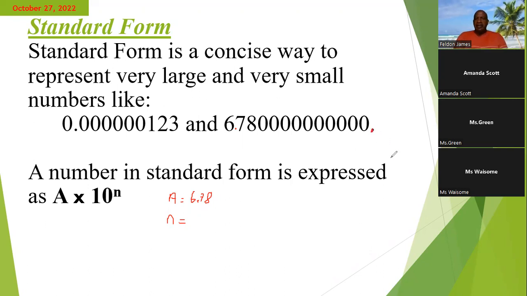Now, in order to get N, we need to count from where the point was to where we now place the new point.